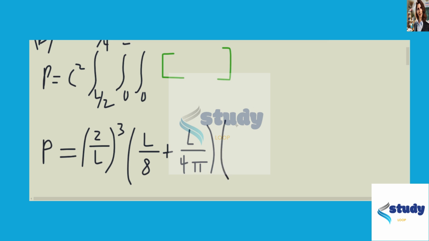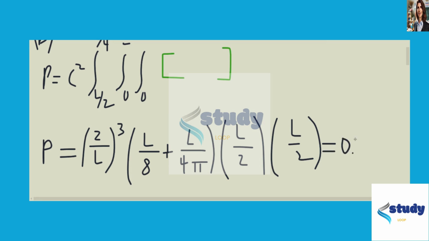With respect to y and z, the integration doesn't change, it's still L over 2. So bringing in values, again, the L's cancel, and this leaves a value of 0.09 as our solution, part B.